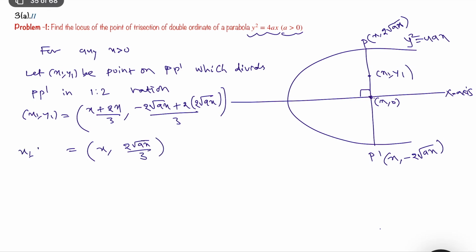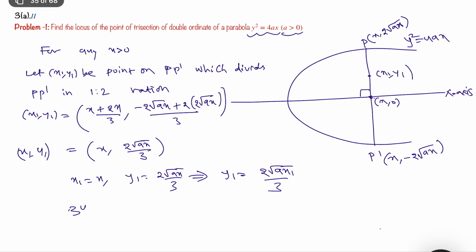Okay, that is the x1, y1. You can see here x1 equal to x and y1 equal to 2 root ax by 3. So that implies y1 equal to 2 root ax1 by 3.